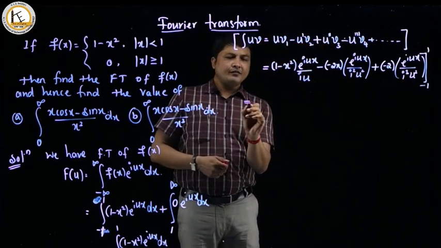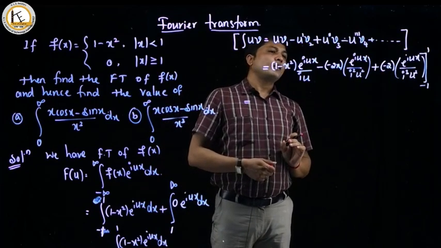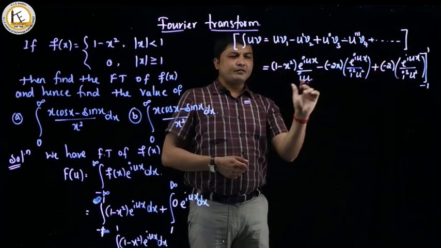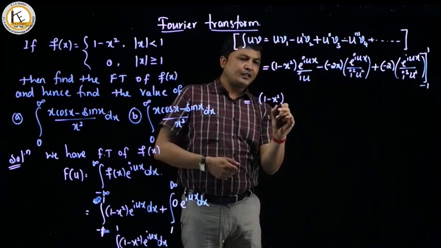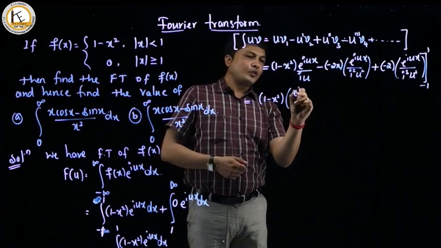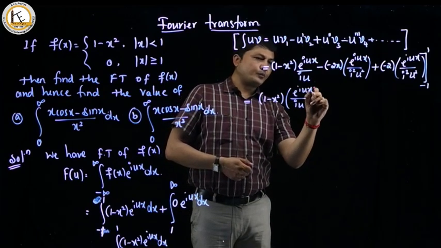So simplifying further, first you simplify this whole thing. We have 1 minus x square as it is, into e raised to iux divided by iu.